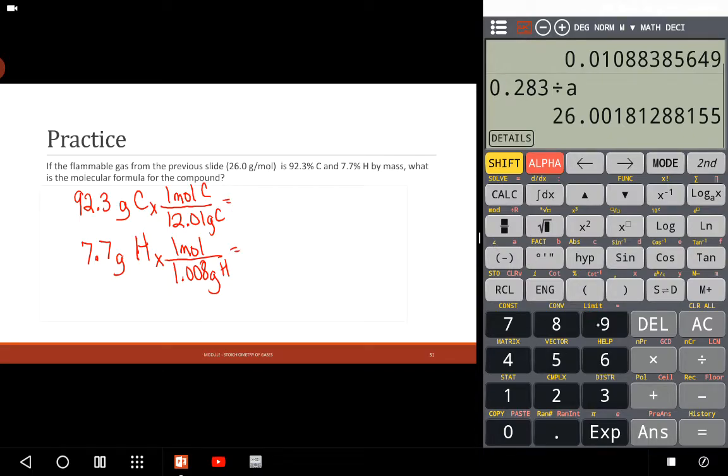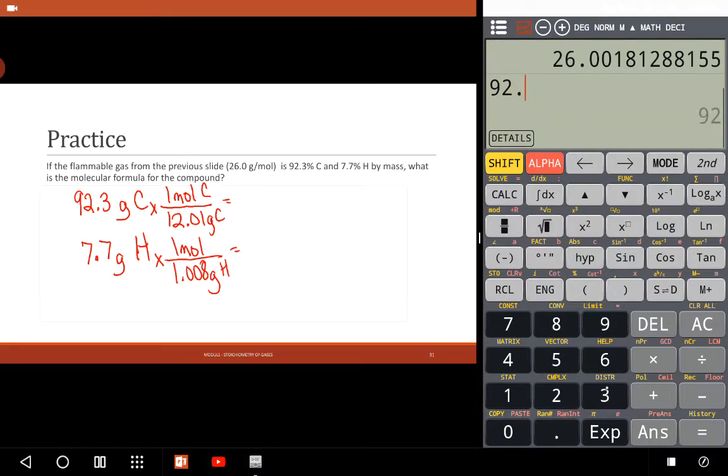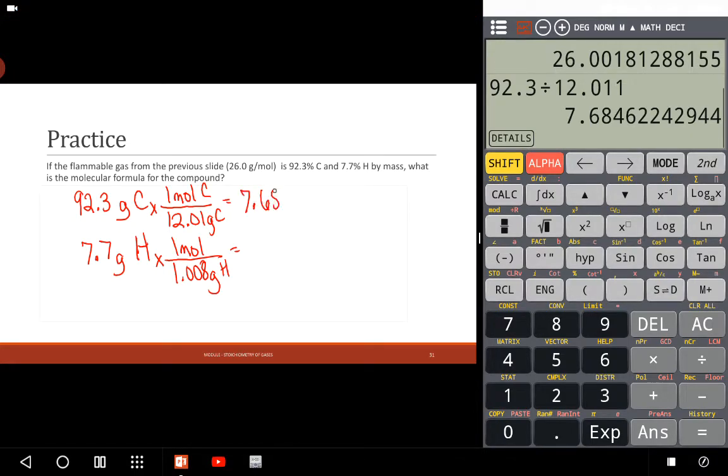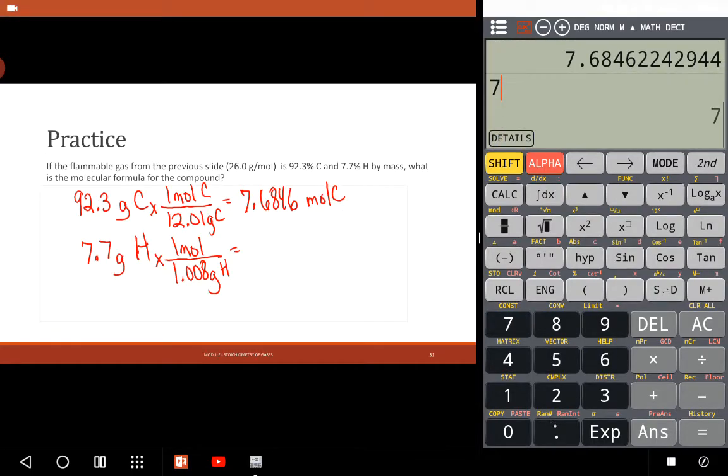So we have 92.3 divided by 12.011, 7.6846 mole C. I'm not going to round for sig figs yet, because I'm not done with the calculation yet.